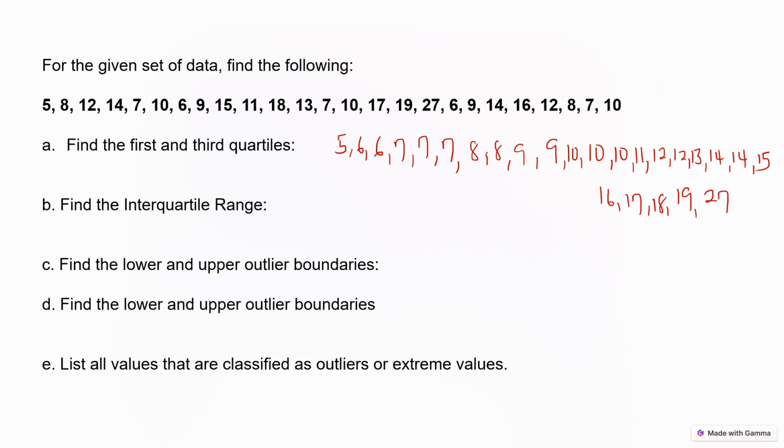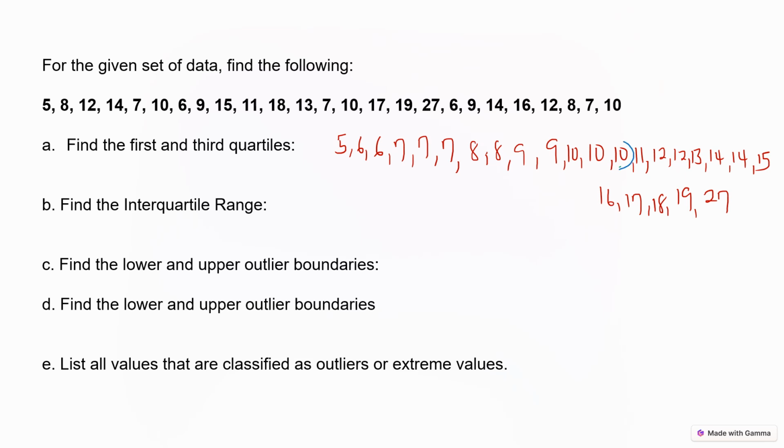So the question is, find the first and the third quartile. For the first quartile, you have to divide the data set into 2, leaving out the median. The median is this 10.